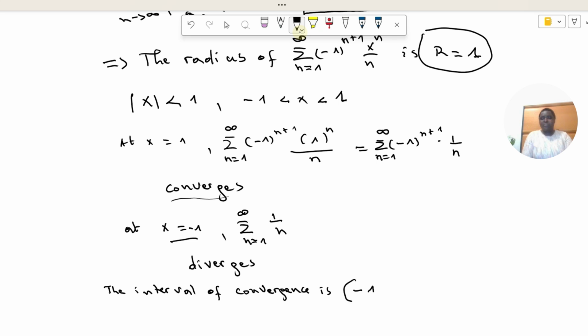You can write it this way: excluded, up to 1 included, because at 1 it converges. You can write it this way, or you can also use this open bracket like this, or you can also write it this way, whatever you want. But that was the interval of convergence. Minus 1 is excluded.